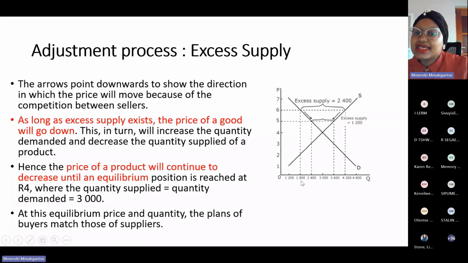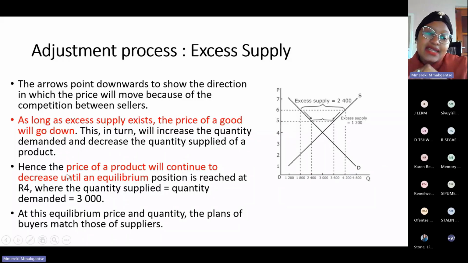So when there's downward pressure from excess supply, the quantity demanded increases and the quantity supplied decreases. Look at the supply curve. At R6, the quantity supplied was 4,200. Now, because the price went down, the suppliers don't want to supply as much of that product. They only supply 3,600. Are we still together?